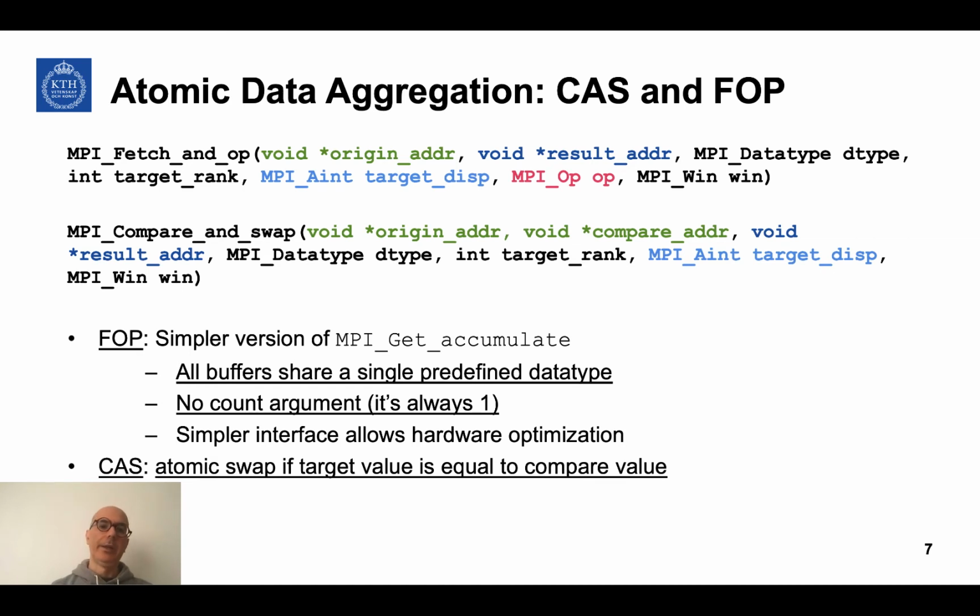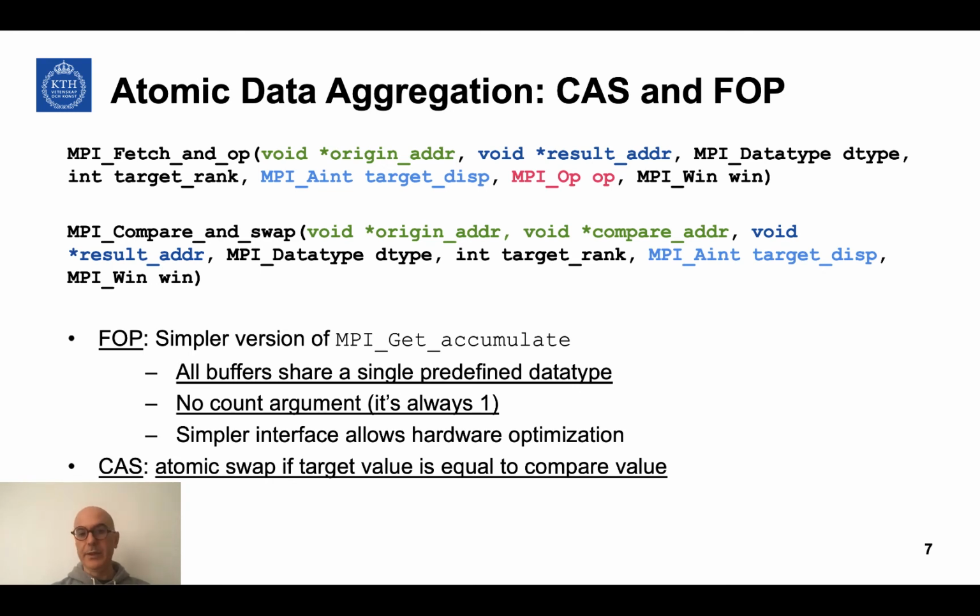So in this case, the count is always just one element, right? It's a simple interface that allows hardware optimization. So if there is a chance, MPI_Fetch_and_op is the way to go. Also, MPI one-sided provides atomic compare and swap. So it's called atomic swap.